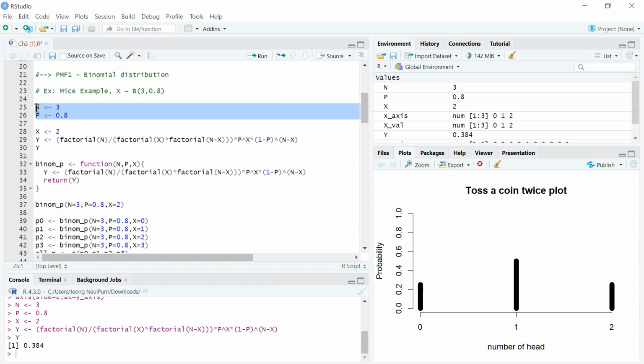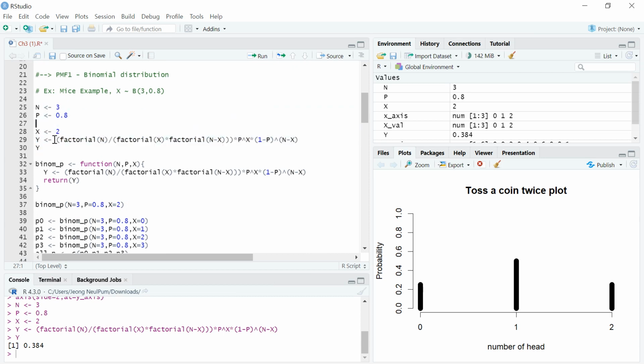So when the number of trials is 3 and the success probability is 0.8, we get a probability of about 0.38 for getting 2 successes from a total of 3 trials.